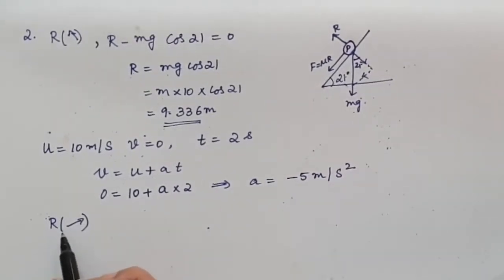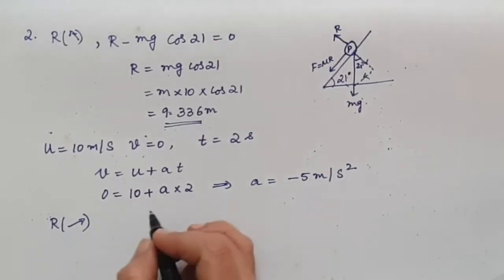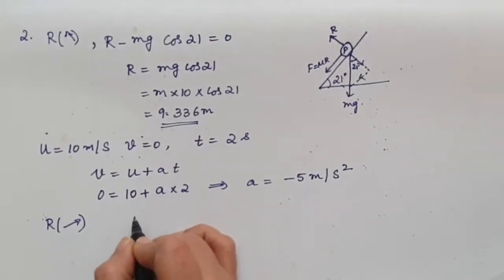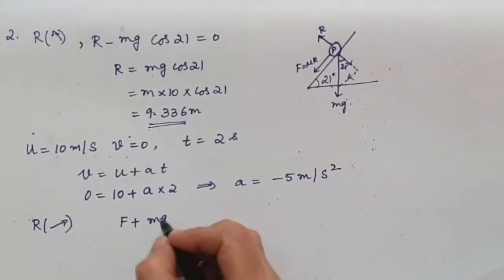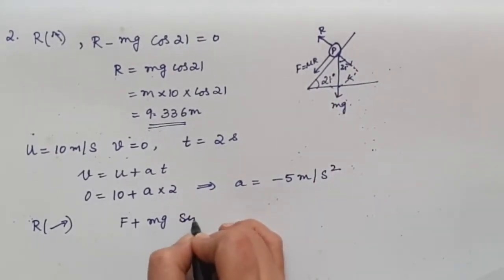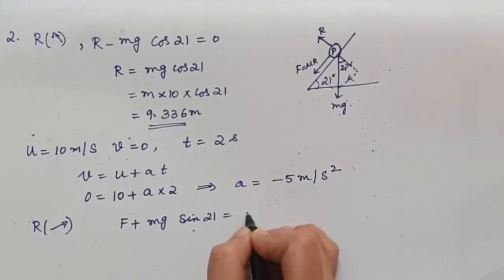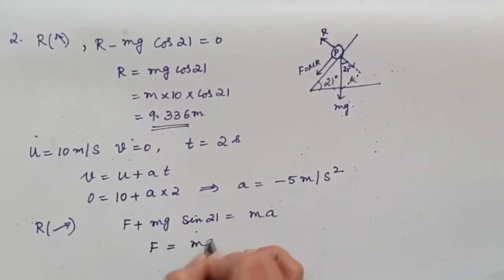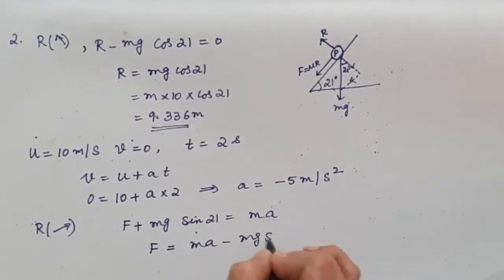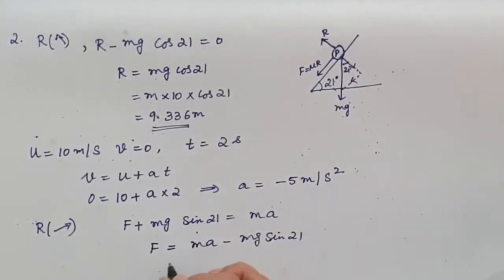Now we are going to resolve forces parallel to the plane. So it will be F plus mg, because both are downward. F plus mg sin 21 will be equal to ma. So F will be equal to ma minus mg sin 21.